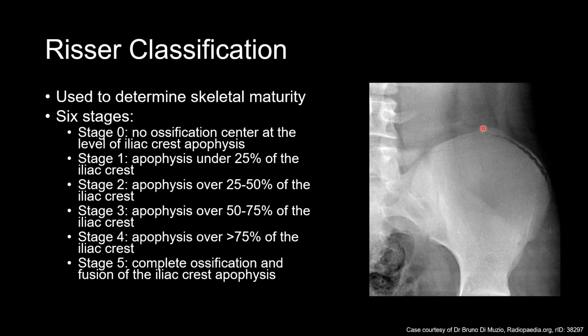So as it creeps over, we go through various stages, with stage 0 being none, and stage 5 being complete. So it's all the way across, everything is ossified and fused. Now, if you have apophysis on just less than a quarter, less than a half, or less than 3/4, etc., you get these various stages of skeletal maturity.